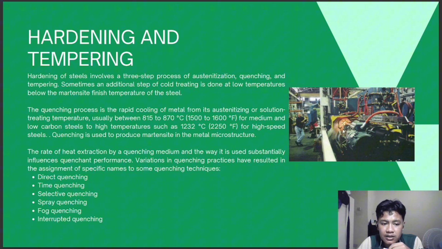The rate of heat extraction by a quenching medium and the way it is used substantially influence quenching performance. Variations in quenching practice have resulted in the assignment of specific names to some quenching techniques, like direct quenching, time quenching, selective quenching, spray quenching, fog quenching, and the last is interrupted quenching.